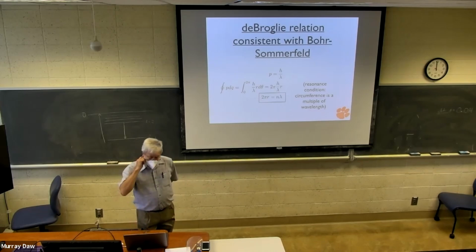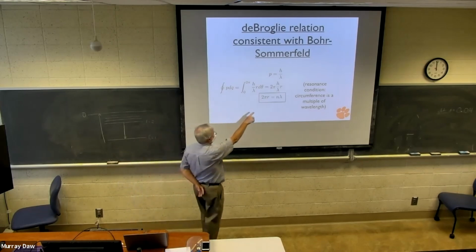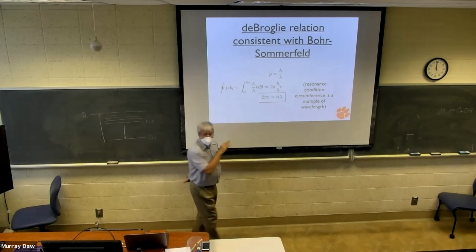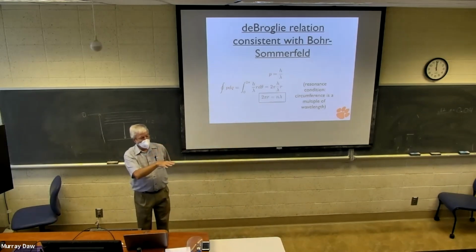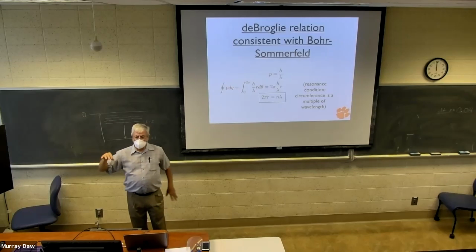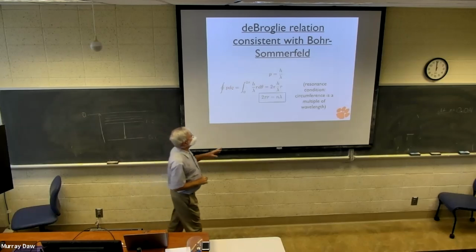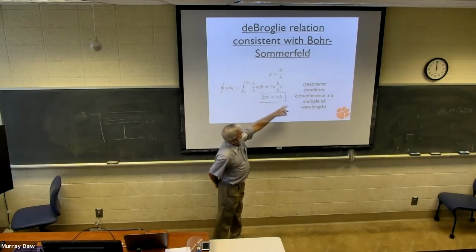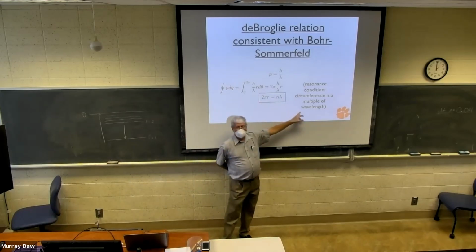Okay, so then the de Broglie relation with the Bohr-Sommerfeld would say that, and again, the Bohr-Sommerfeld condition that I showed you earlier is wrong. But we're kind of trying to roam around to find some kind of mathematical structure that will work. And so we have this resonance condition that the circumference is a multiple of the wavelength of the guiding wave structure.